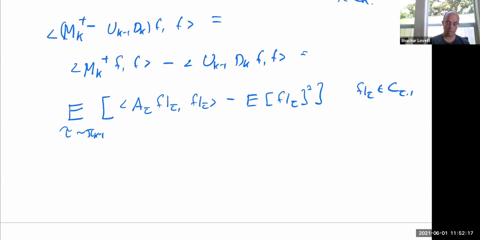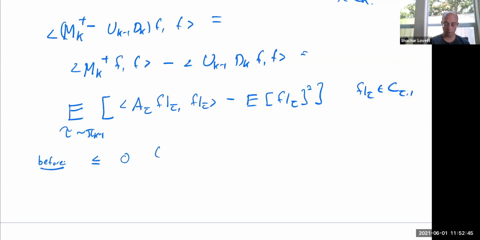And what did we do before? This is where we're going to diverge. Before, all the eigenvalues were zero or negative, so we could just say this is at most 0.